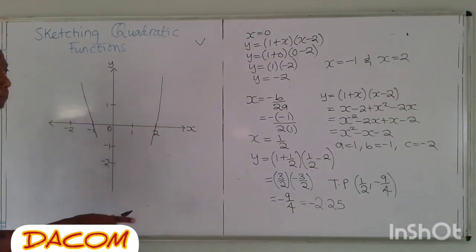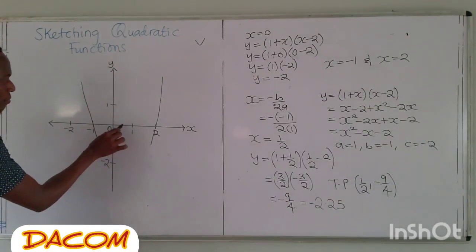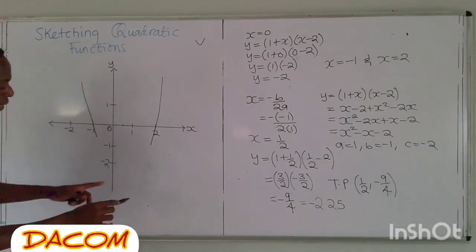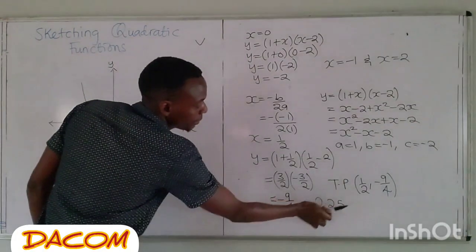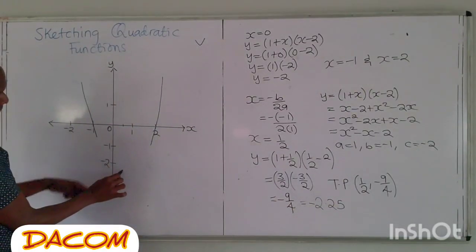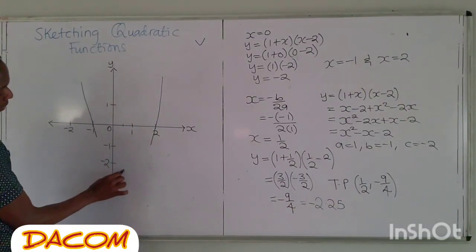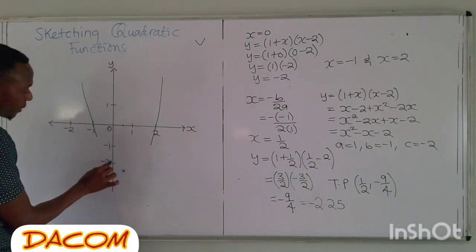Now, what is the turning point? The turning point is half. What is half? Half is between 0 and 1. So half can be here. Now, negative 2.2. When we round it off, it can be negative 2.3. So most likely it's here somewhere. You remember this is a sketch, so it cannot be up to scale. And we know that the y-intercept is passing through here.